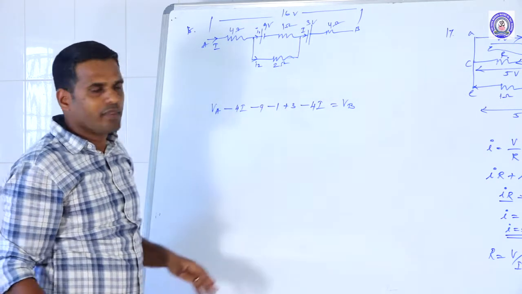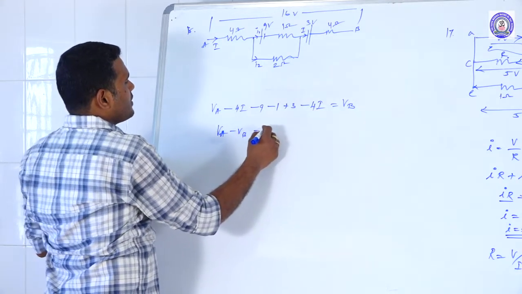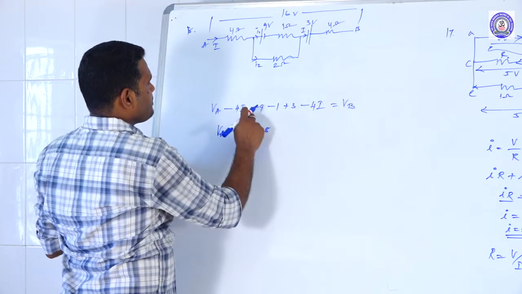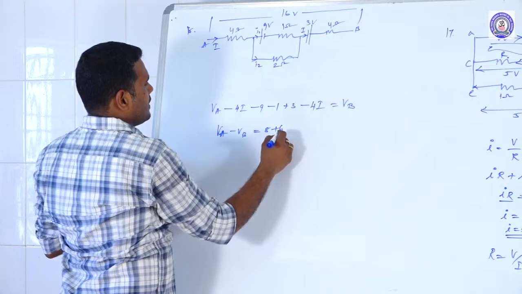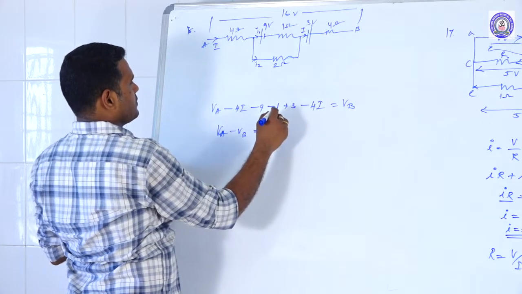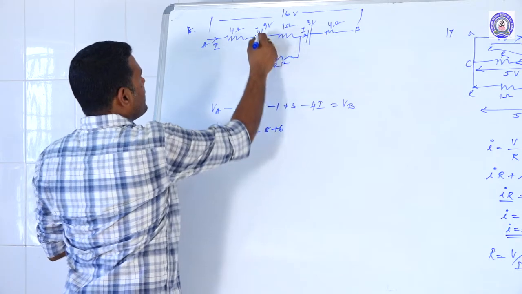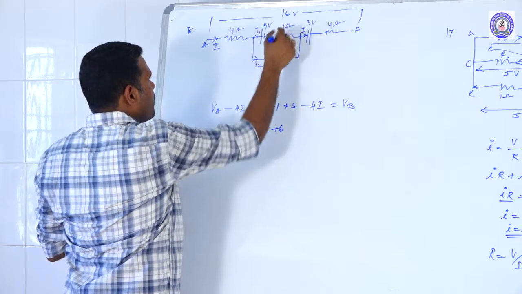This is the meaning. So VA minus VB is equal to minus 4I plus 8I, minus 9 plus 3 minus 6, as it goes that side, plus 6. I'm sorry, here the current is I1. From this path, the current is small I1.